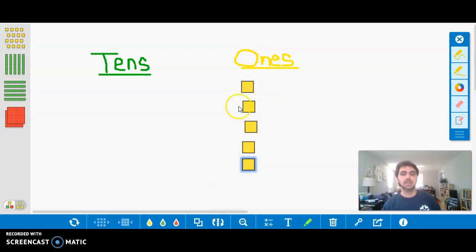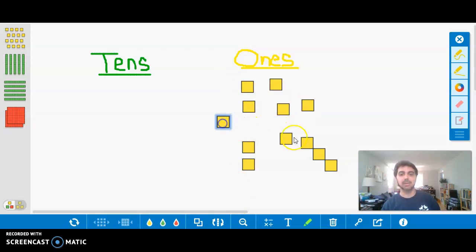Let's add, let's say we have 6, 7, 8, 9, 10, 11, 12 yellow butterflies. And they're all flying around, yellow butterflies. They don't look like butterflies, but we just have to pretend that each little square represents a yellow butterfly.